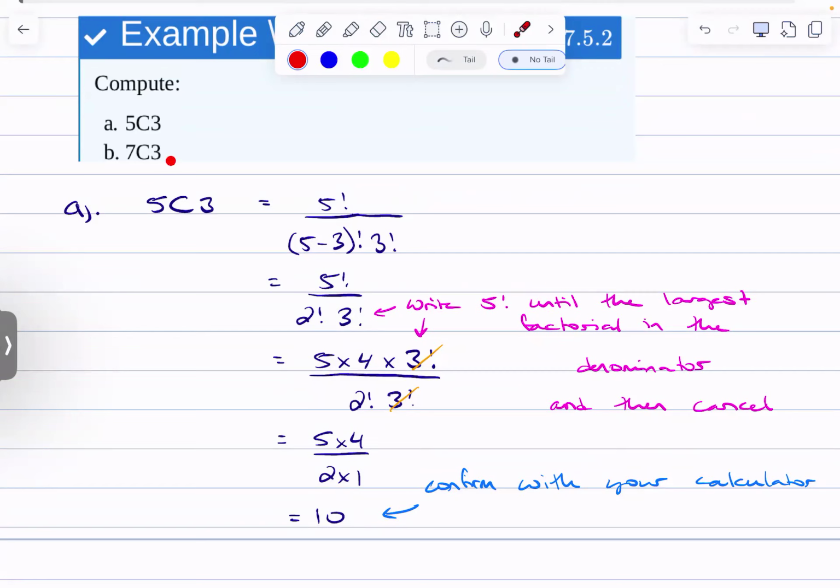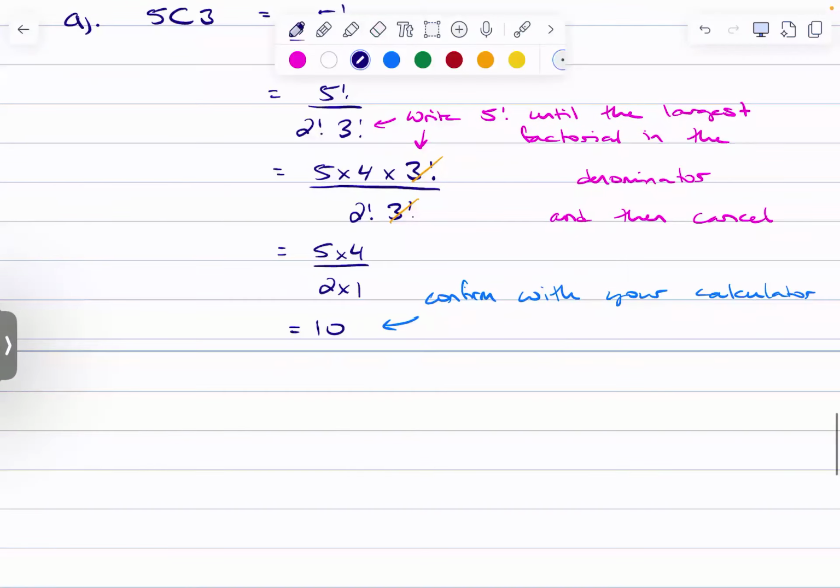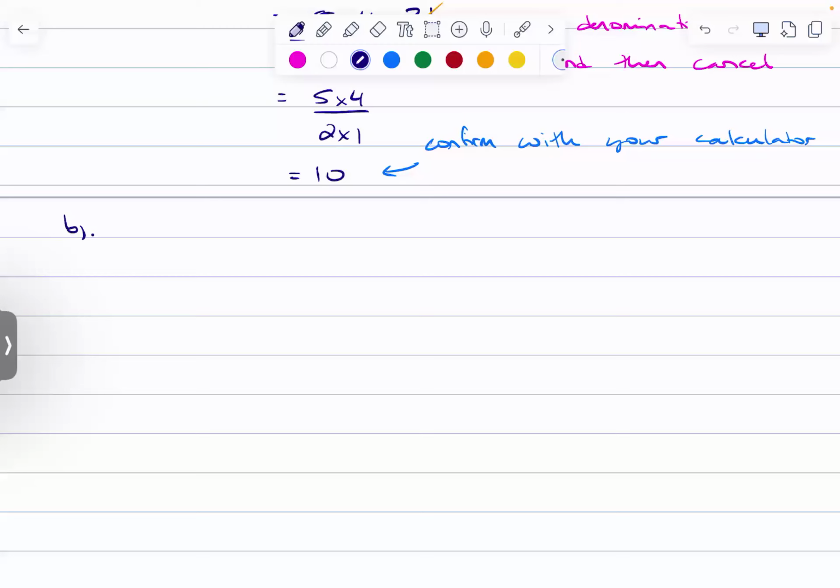7 choose 3. Let's see. Can do the same thing again. 7 choose 3 is 7 factorial divided by 7 minus 3 factorial times 3 factorial.